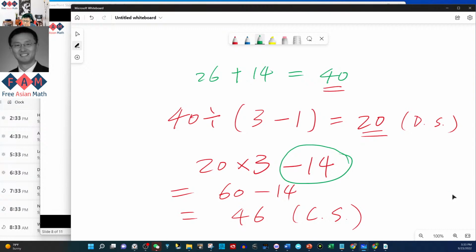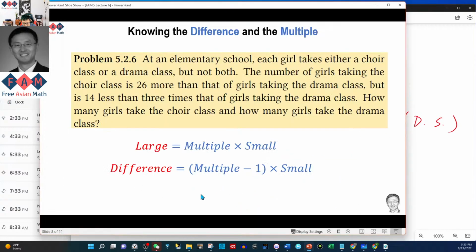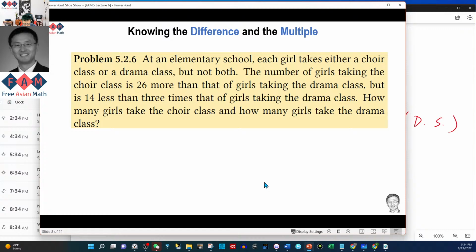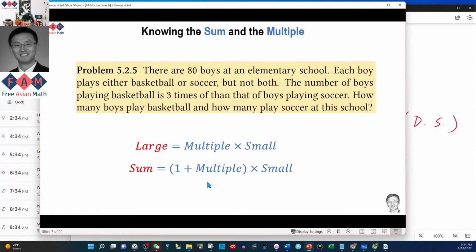So those two types of problem, sum and multiple, and difference and multiple, are kind of symmetrical. The symmetry came from this being multiple minus 1, and in the previous case, multiple plus 1. One is sum, one is difference. Okay? So today we actually studied 3 types of relationship between two quantities.